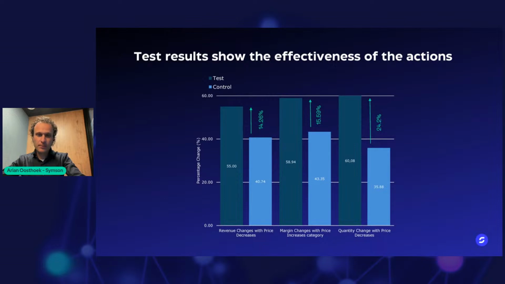And the same goes for the quantity change. And we decreased the prices for the products which were very sensitive. There, the quantity change was also very effective compared to the control location. And this is all based upon data of a quarter. We usually test it for a minimum of a quarter because then you often see good results, especially in B2B.